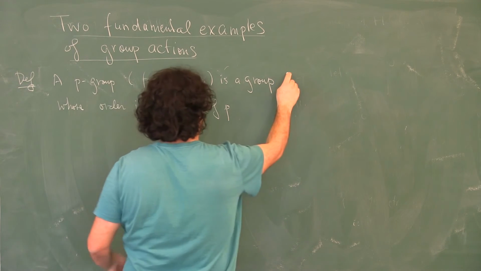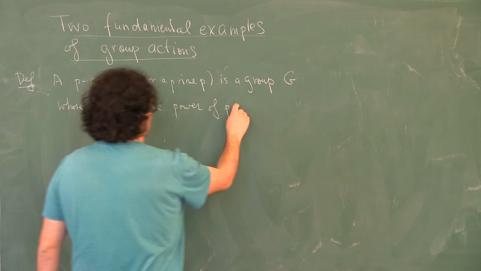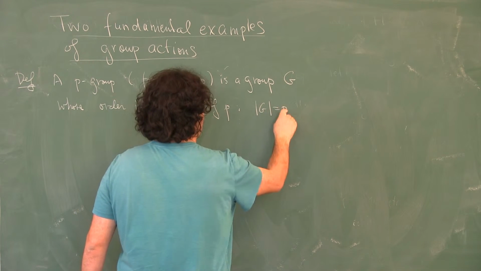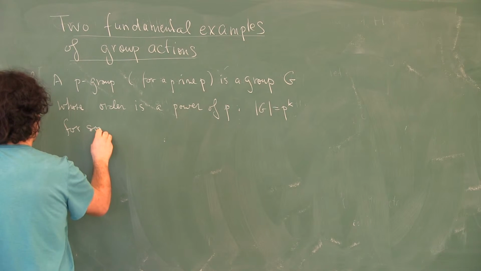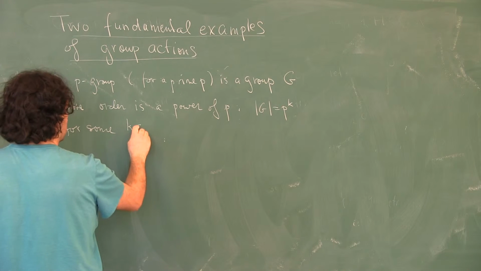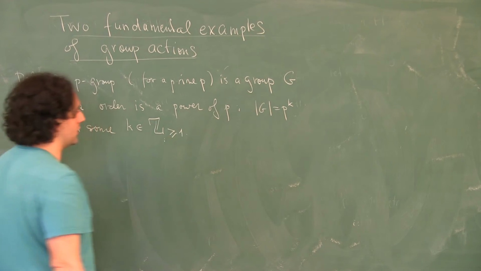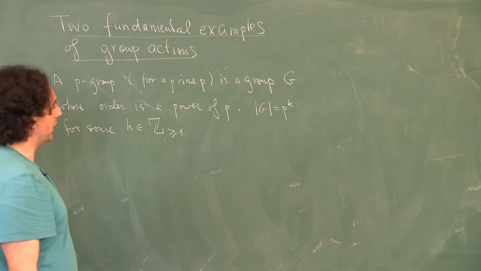So if we write our group G, what this means is that the order of G is p to the k for some integer k, which is at least 1.